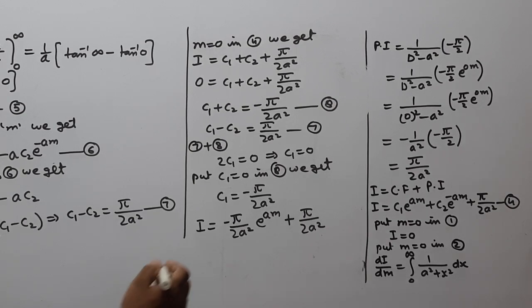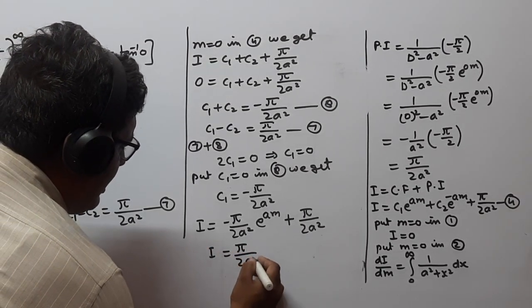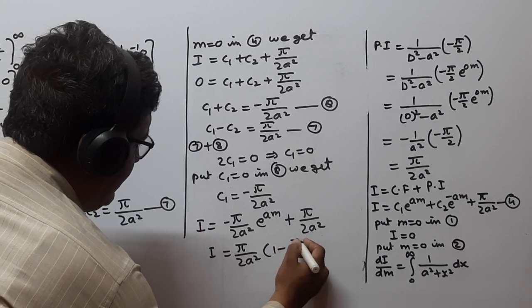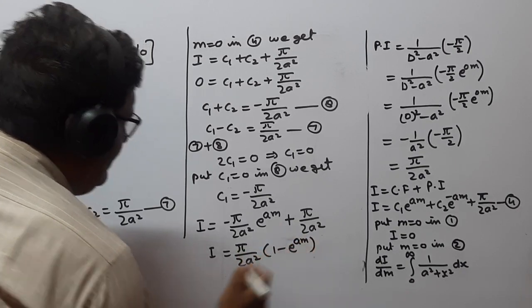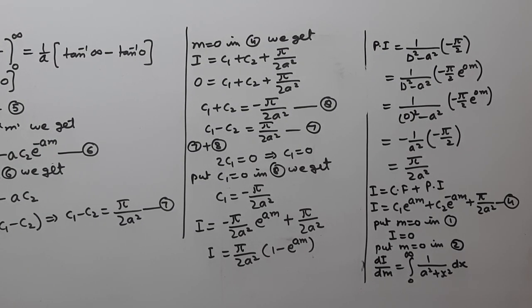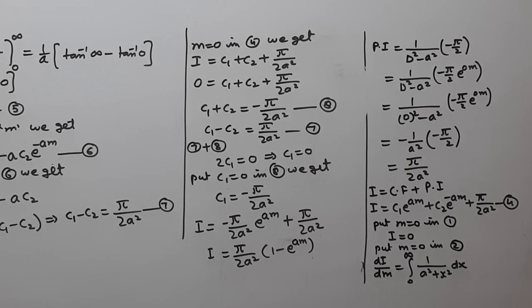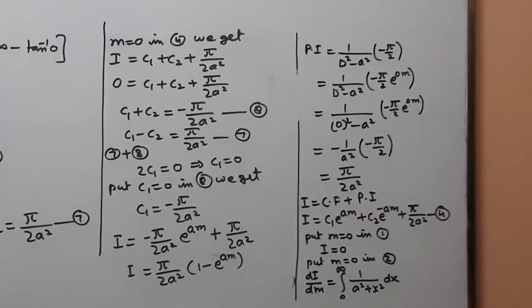Now we take common pi upon 2a square, so we get 1 minus e to the power am. So this is the solution of the second order differential equation when we take m is equal to 0.